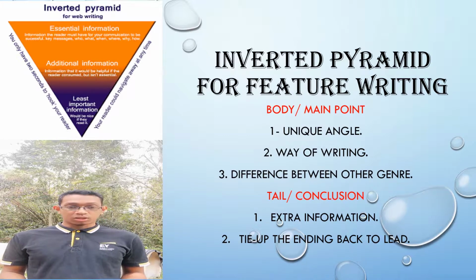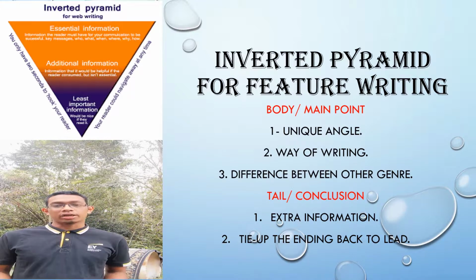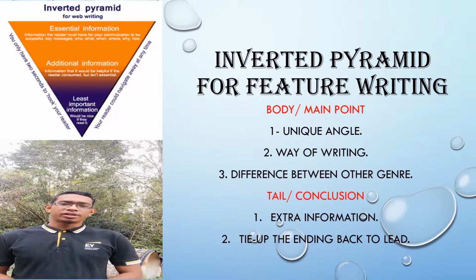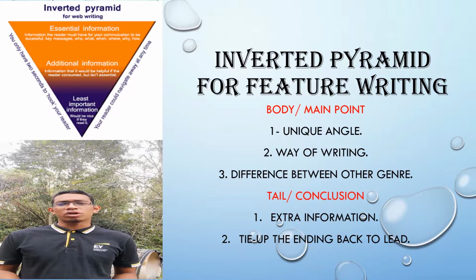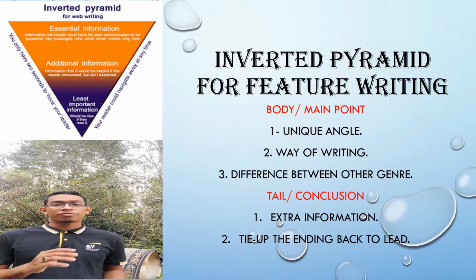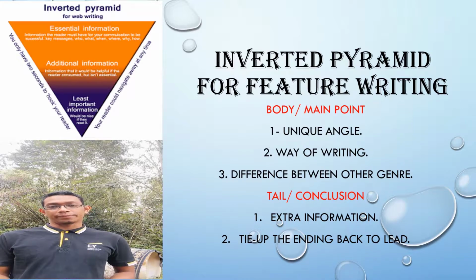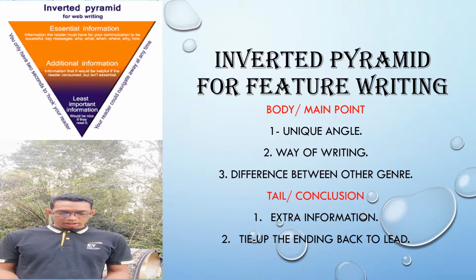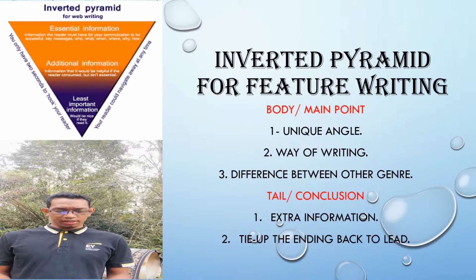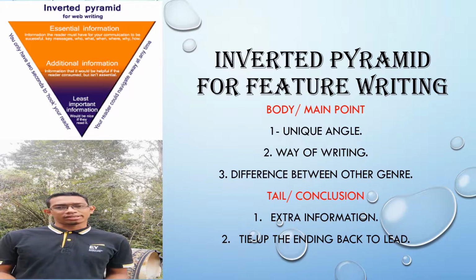Then, the way of writing. Feature writing must include a lot of story and a lot of facts that are connected to the storyline. It is used to bring the reader in and, in the end, get them connected to the character.